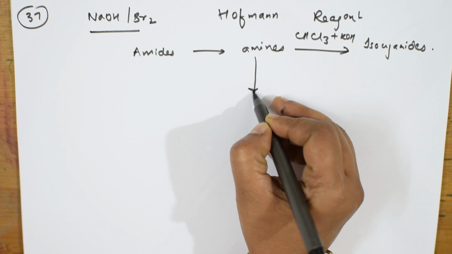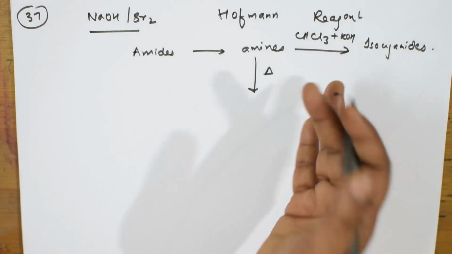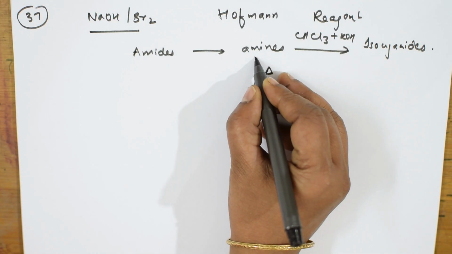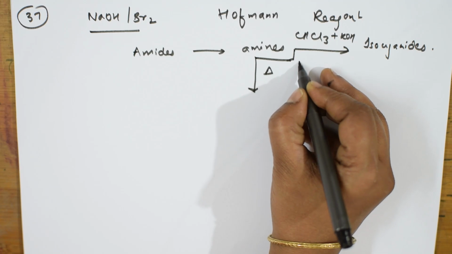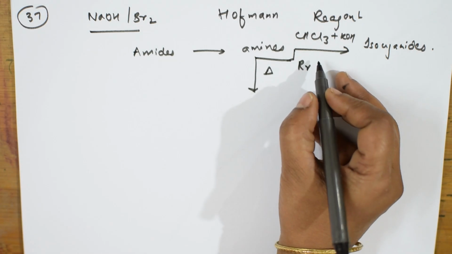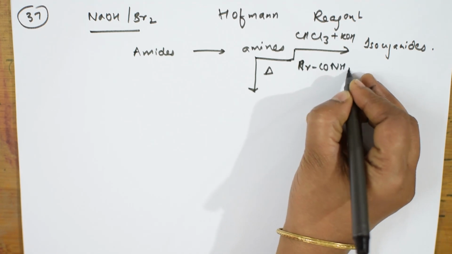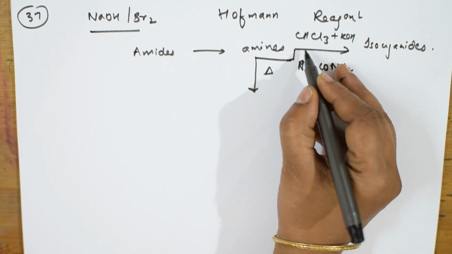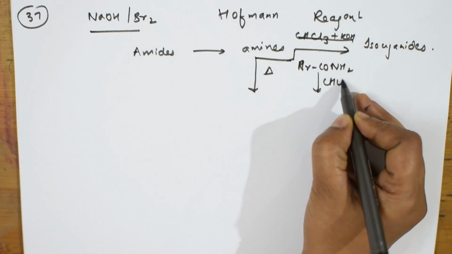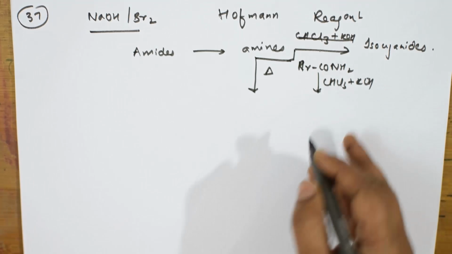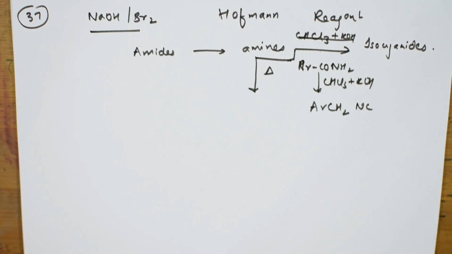One more thing here. If I take the aromatic amine, let's see that. Let me make one link here. If I take the aromatic amine, ArCONH2, and treat it with chloroform, CHCl3 plus KOH, then this gets converted to ArNC.